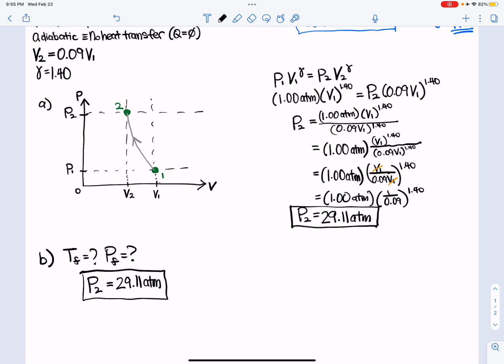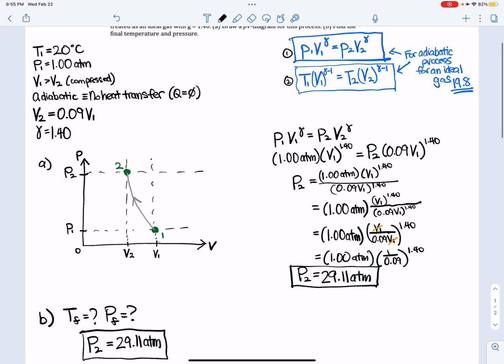And for final temperature, I will use this second equation I have right here, to find my final temperature. And for the final pressure, I used the first equation, right?